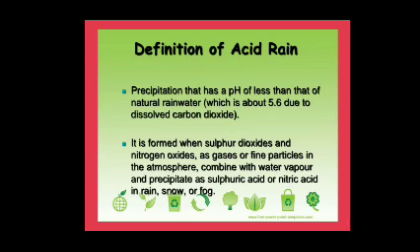When acid compounds like sulfuric acid, nitric acid, nitrous acid, and sulfurous acid mix into rainwater, the pH value decreases from 7, that is, pH less than 5.6 is called acid rain.